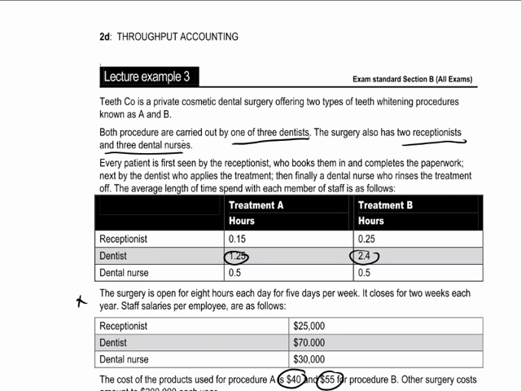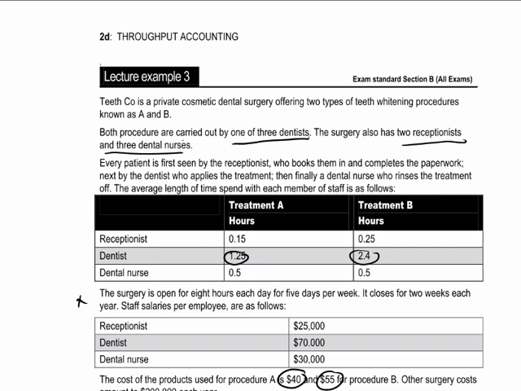So what we need to think about then is how many of each can they process in that time. So 4,000 reception hours divided by 0.15 means they could deal with 26,667 patients in 1 year.